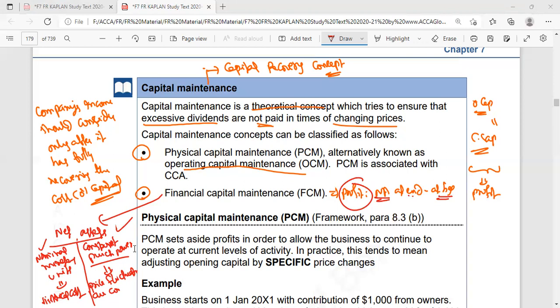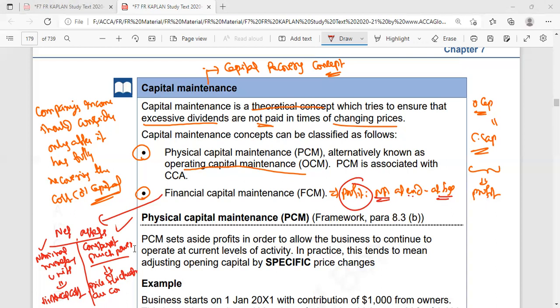It always focuses on the business's ability to sustain cash flows into the future by maintaining access to income generating assets in use within the business infrastructure. Physical capital maintenance implies that the company only earns profit if its productive operating capacity at the end of the period exceeds the capacity at the beginning of the period.